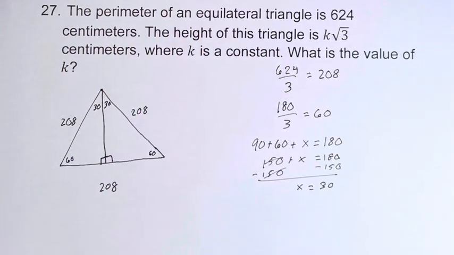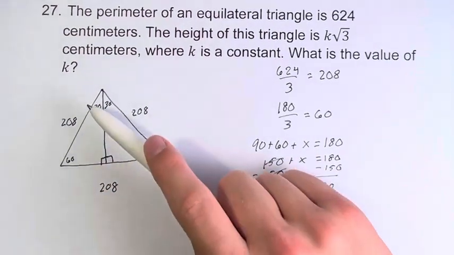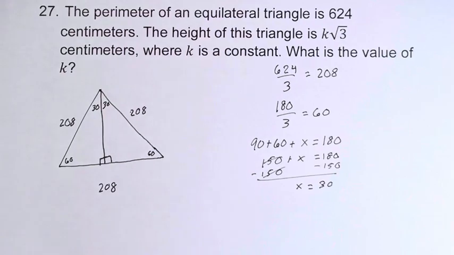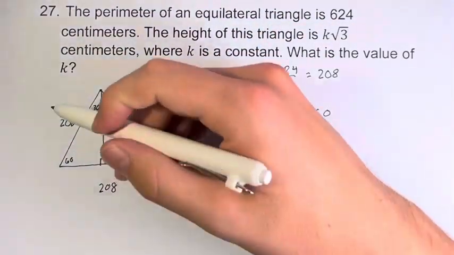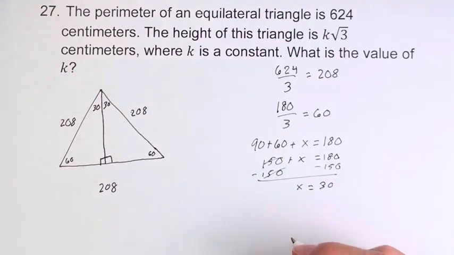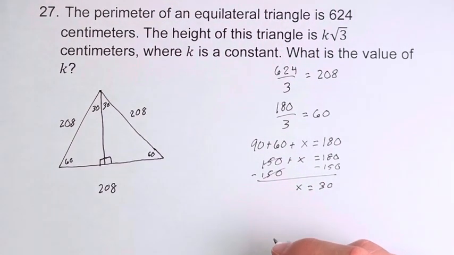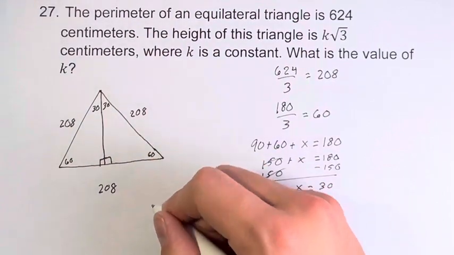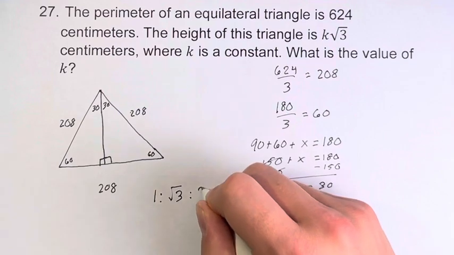So now we see that we've turned this equilateral triangle into two 30, 60, 90 triangles. What does that mean for this? Well, we can use the fact that the ratio of the sides in a 30, 60, 90 triangle is 1 to root 3 to 2.